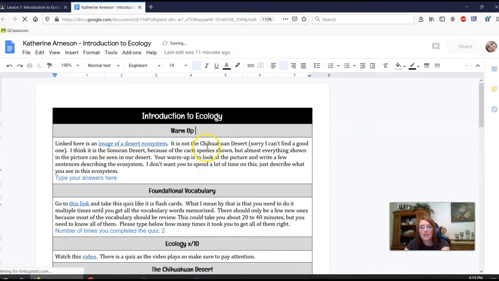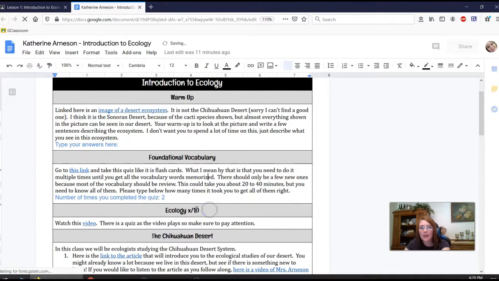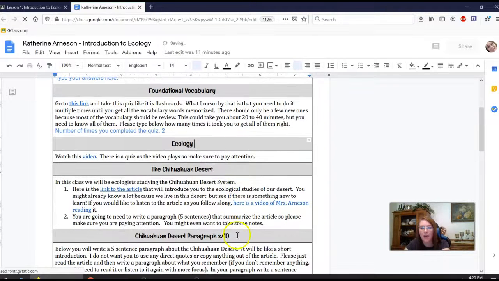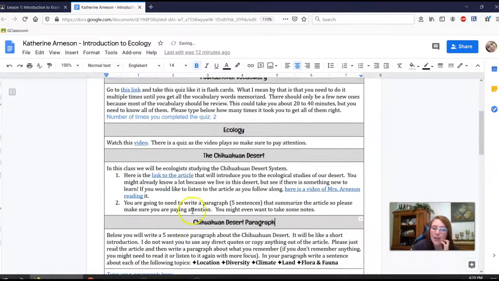I can also always see what is happening in this document. So if you want to call me up and say, Ms. Arneson, I am having trouble with the Chihuahuan Desert paragraph, if you tell me what lesson it's in, I can open it and help you in real time and see what you're typing and help you edit or whatever it is that you need help with.